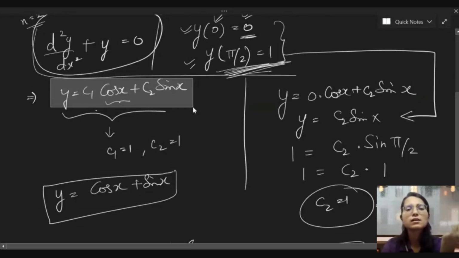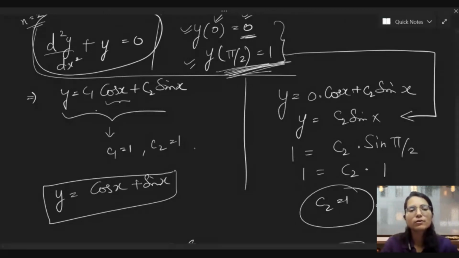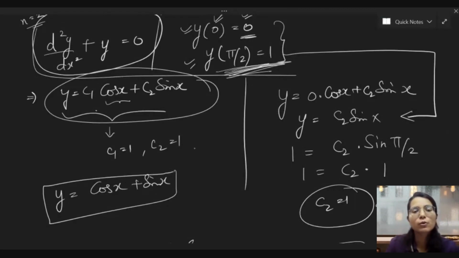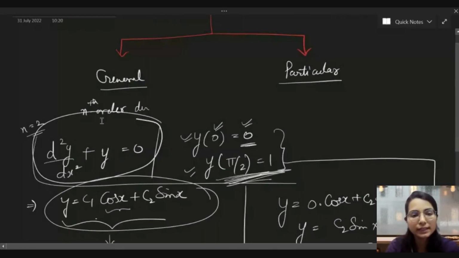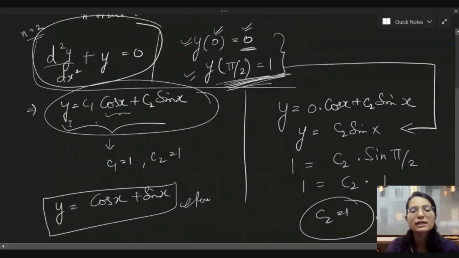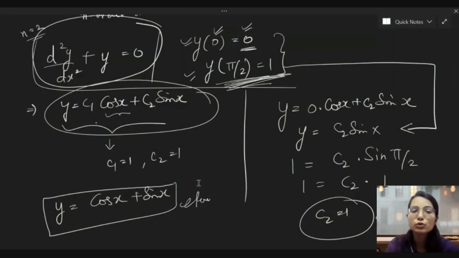that satisfy the above equation. You can put any of these solutions, either this general solution, or this particular solution, or this other particular solution which we got. You can put it here, and you will notice that all of these three solutions satisfy this differential equation, because all of these are solutions of this differential equation.